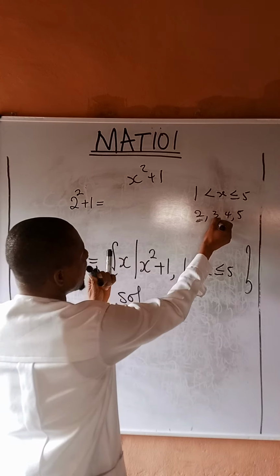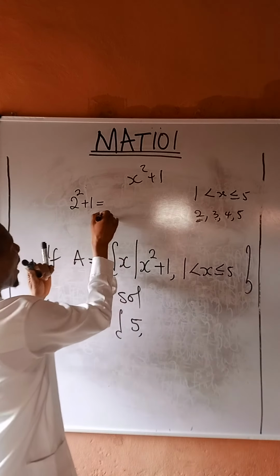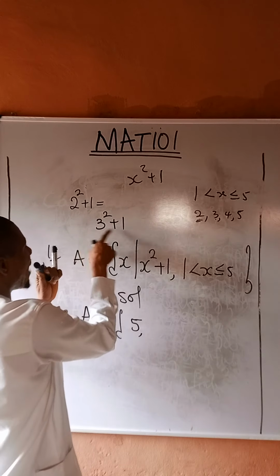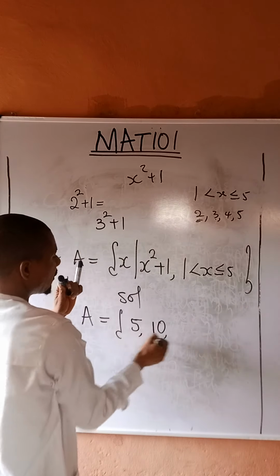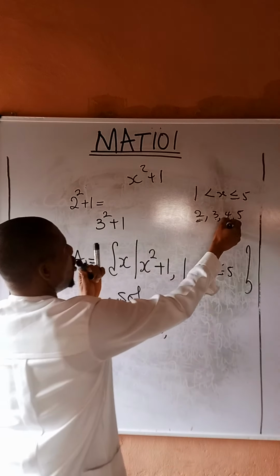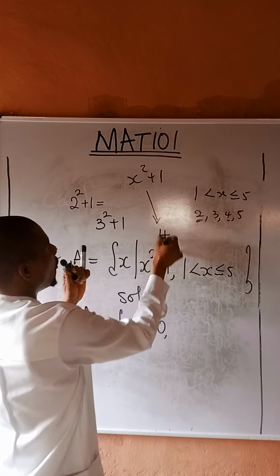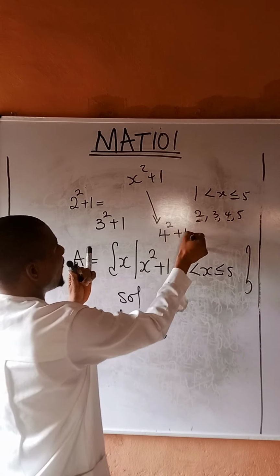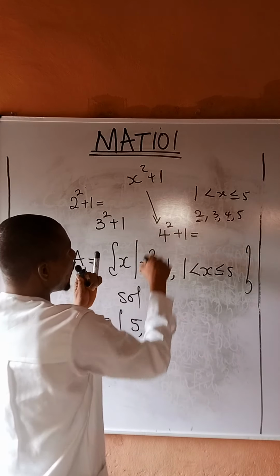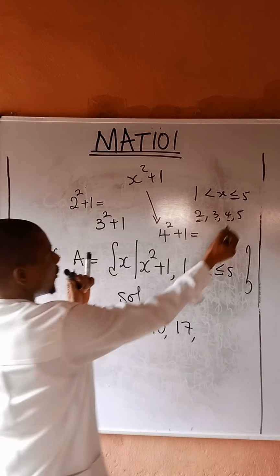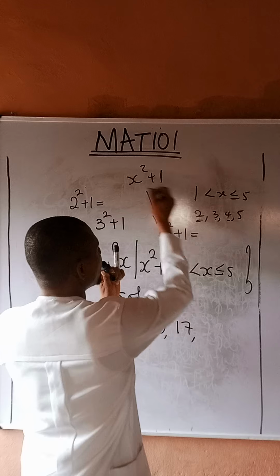Now I'm going to try 3. Put 3 here. You have 3 squared plus 1, which is 9 plus 1, giving us 10. Use 4. Substitute 4 here. You have 4 squared plus 1, which gives us 16 plus 1, which is 17. And finally, take 5. Substitute 5 here.